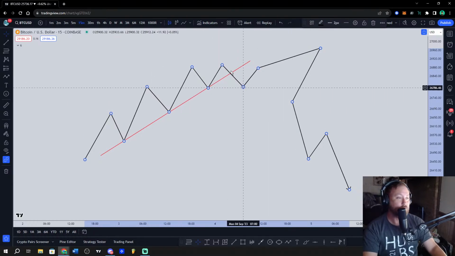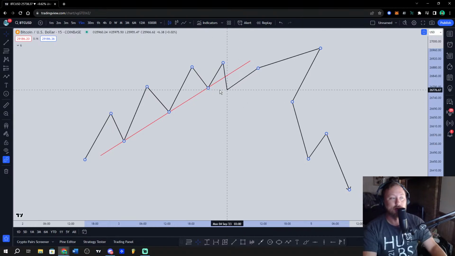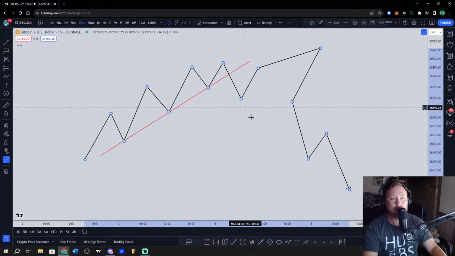Why? Because this didn't really get that high, and then this one's starting to come down pretty low compared to this low. However, this low doesn't get taken out.